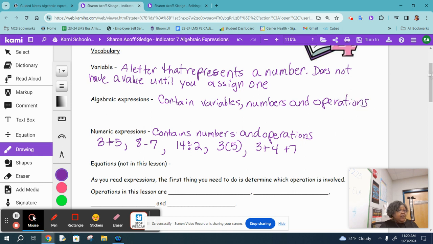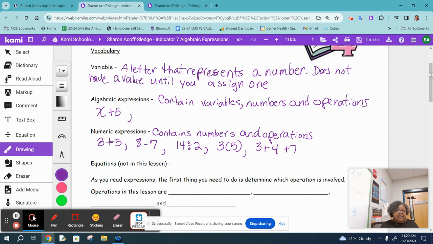Our favorite variable is x, so we're going to move away from using the x for multiplication. So if we have x plus 5, that is an algebraic expression because it has a variable, it has an operation. This one also contains a number.